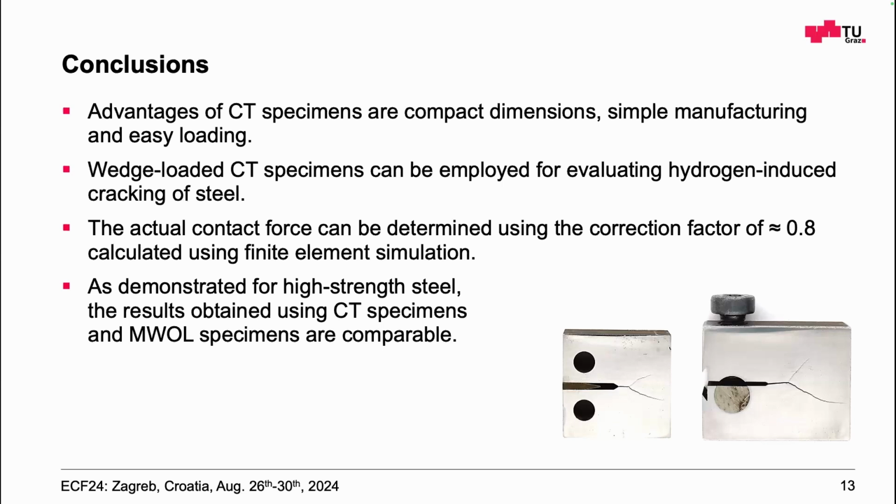We used a simulation to calculate a correction factor to account for the plastic deformation here at the wedge. And as demonstrated for high-strength steel, we showed a really strong decrease in the fracture toughness, but both samples deliver the same results, more or less.